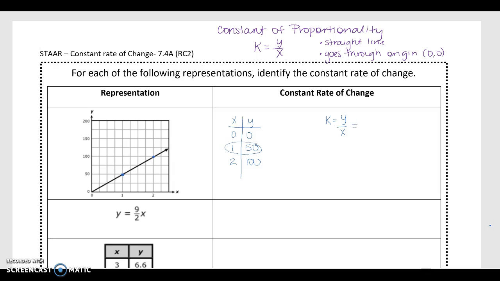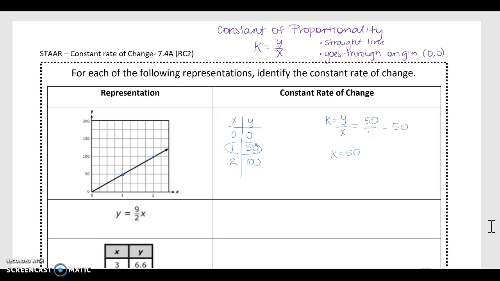My Y value goes on top. So 50 over 1, which simplifies to simply 50. So my constant in this situation is 50, meaning that for every change of 1 in X, there is a change of 50 in Y. So if there's another change of 1 in X, there's an increase of 50 in Y.